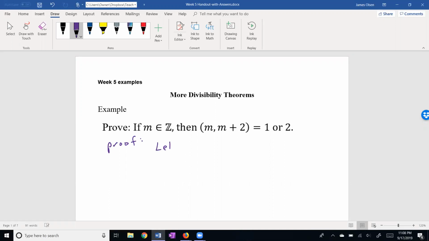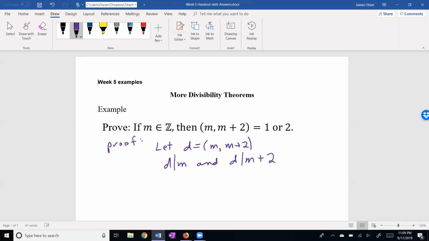So we're going to let D be the greatest common divisor of m and m plus 2, and we want to find out what D is. Well, by definition, D has to divide m, and D has to divide m plus 2. That's the definition of greatest common divisor.